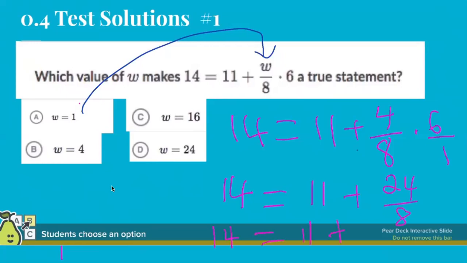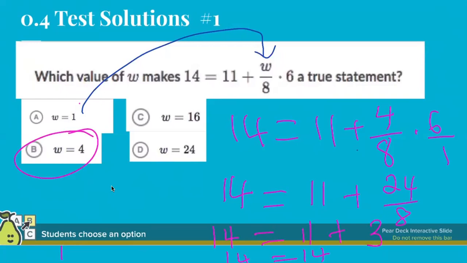So 11 plus 3, which is 14, equal to 14. Yes. Sorry. Jennifer, yes, we multiply by 6. I just made a mistake. I copied it down and I ignored the number 6. Yes, Zenobia. You're right. Thank you. Okay.